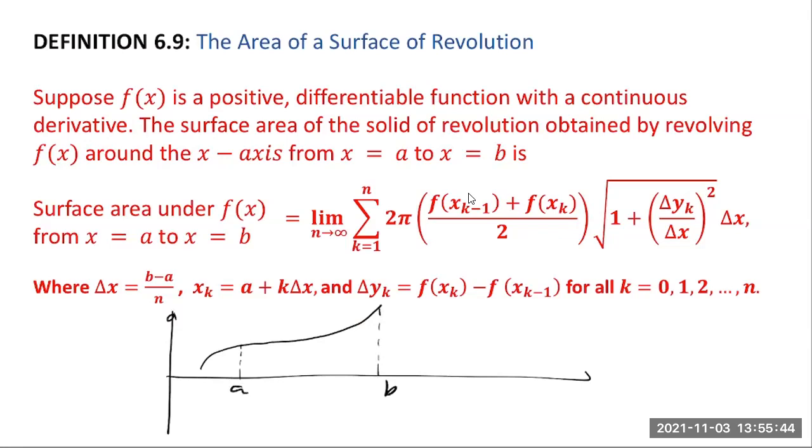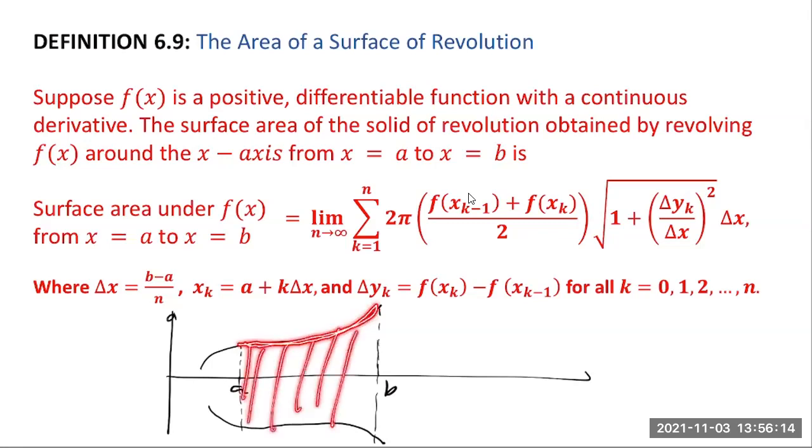What you do is you rotate this curve about the x-axis. If you rotate that, you get a surface. We are interested in the area of that surface. Roughly, you will get a surface like this. You need to find the area of the surface that you obtain by rotating this curve about the x-axis.